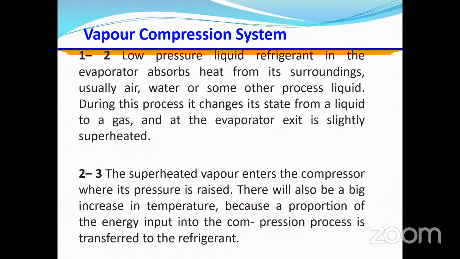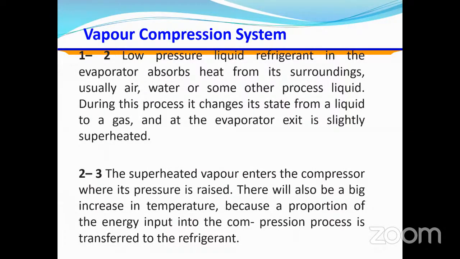In the pH chart, 1 to 2: low pressure liquid refrigerant in the evaporator absorbs heat from its surroundings, usually air, water, or some other process liquids, brine solutions. During this process, it changes its state from a liquid to gas, and at the evaporator exit it is slightly superheated.